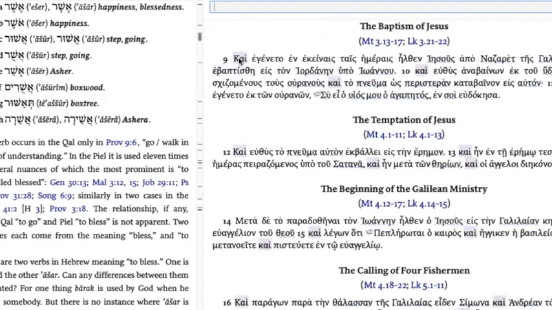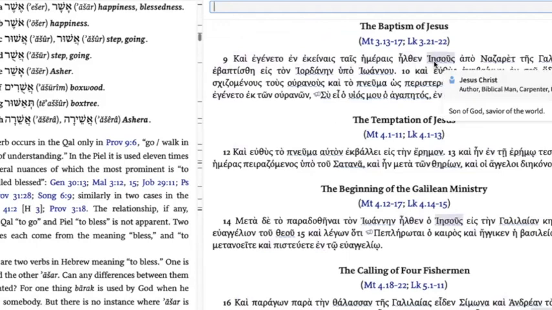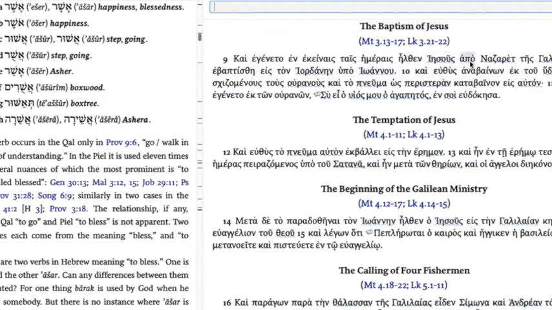I don't know if you can see where my cursor is, but kai, egeneta, en, ekenais, tais, hemerais, eilthen, Iesus, apa, Nazareth, tes, Galileas, kai, ebaptiste.